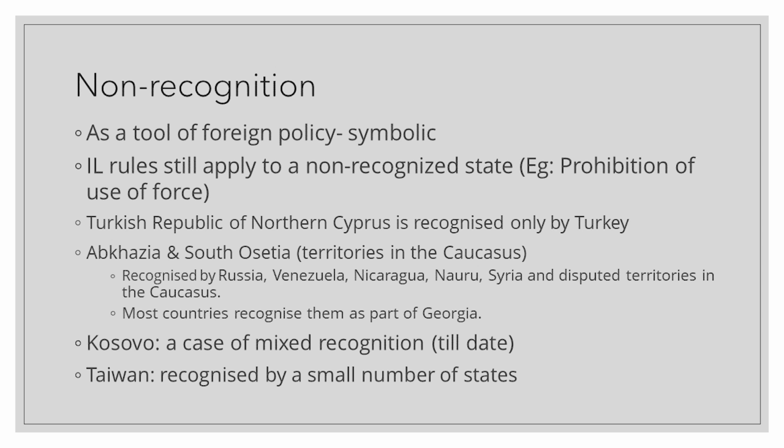Most of the countries of the world do not recognize Abkhazia and South Ossetia as states, but recognize both as part of Georgia and not as separate countries.